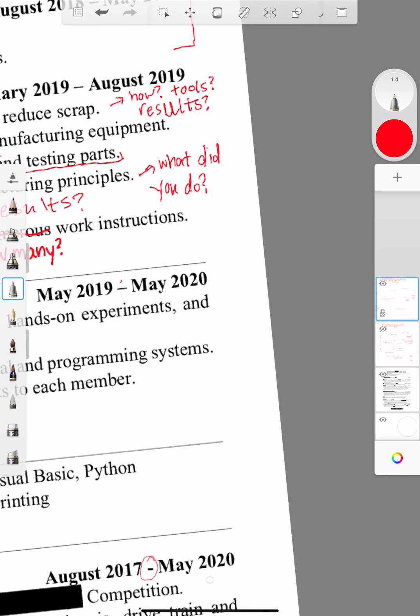And work instructions, that's super generic. Work instructions, question mark. Why did you write them from scratch? Did you fix them? Were they bad? Why did you write these work instructions? And did you use any tools? Again, how did you do it? And did it make things better? Did it improve anything? What were your results?